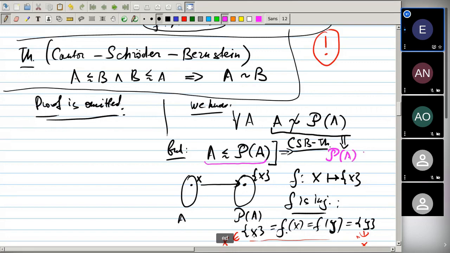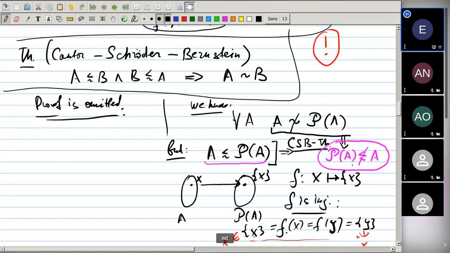That means that there is no injection from P of A to A. Is it clear? Yes. Formally, this boils down to the statement: there is no injection from P of A to A. Of course, one can prove it directly that no such injection is possible, but such a proof is somewhat less intuitive than that I had presented in one of our previous lectures.